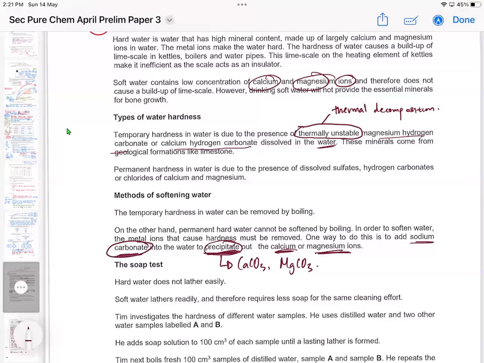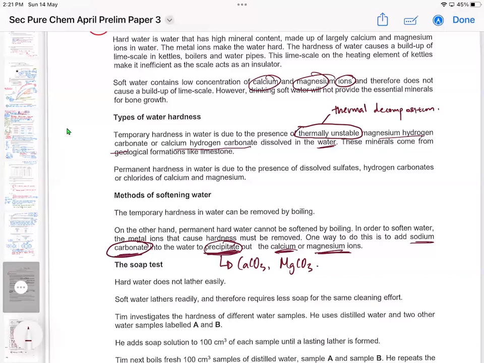So if you want to soften it, it is just the simple concept of precipitation of the calcium and magnesium ion. And the precipitation here is carried out using sodium carbonate. For the permanent ones, we precipitate them in the form of carbonate.